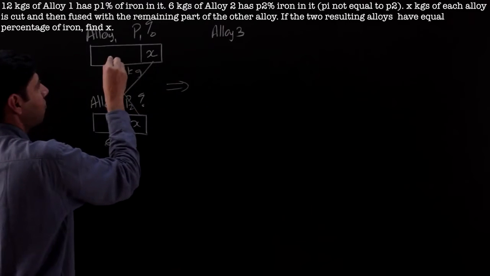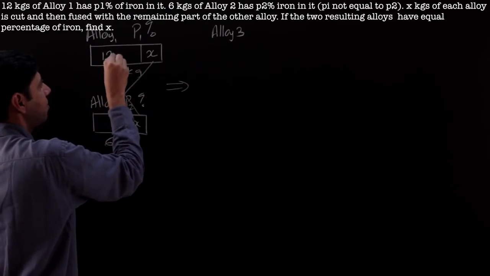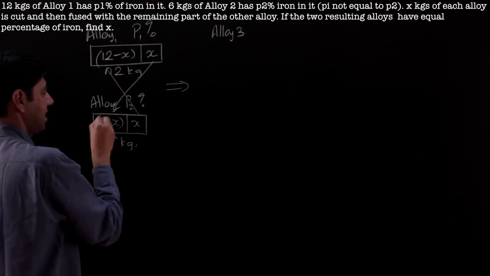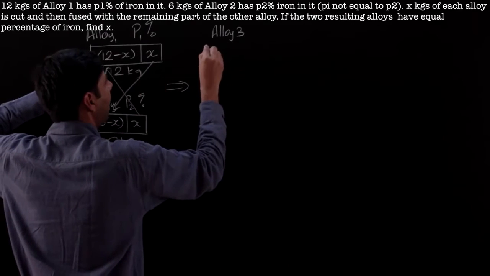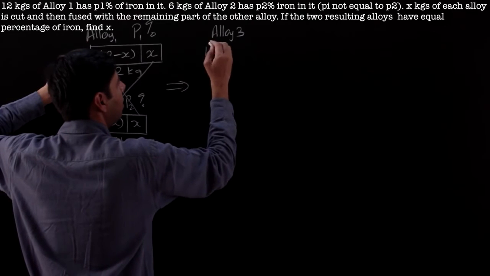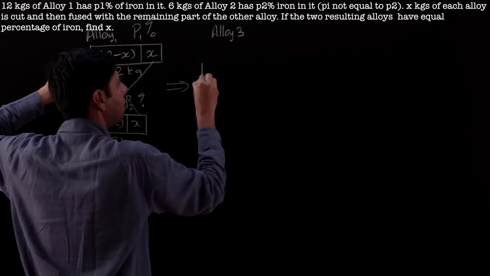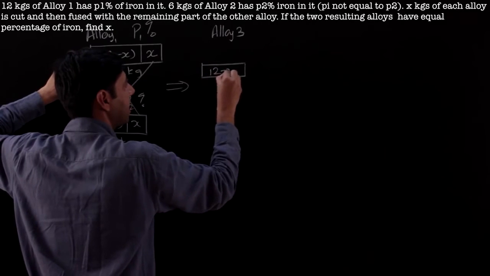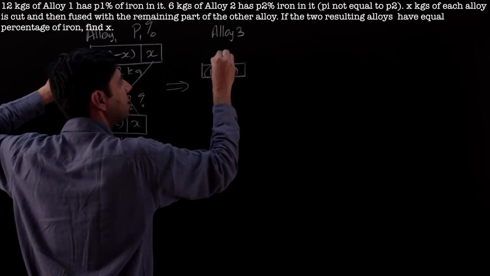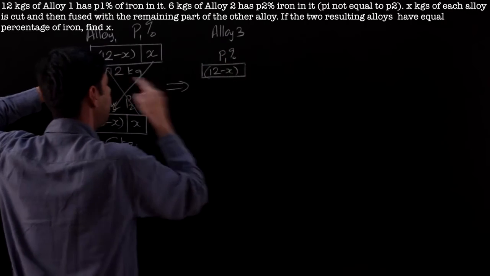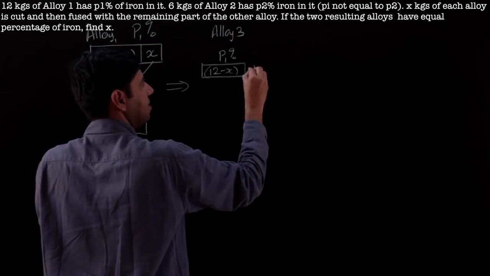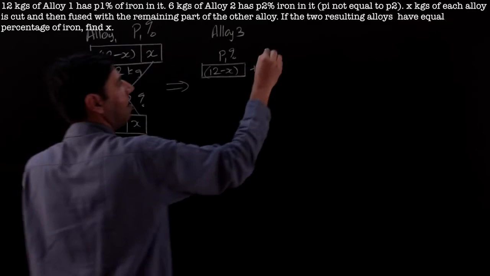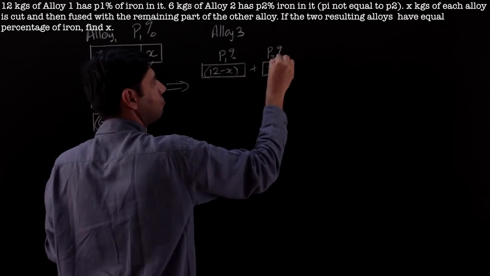So what will the weight over here be? If this is 12 kgs, this is going to be 12 minus X kgs. If this is X, this will be 6 minus X kgs. So in alloy 3, I'll have 12 minus X kgs with a percentage of iron being P1, fused with X kgs of alloy having percentage of iron P2.